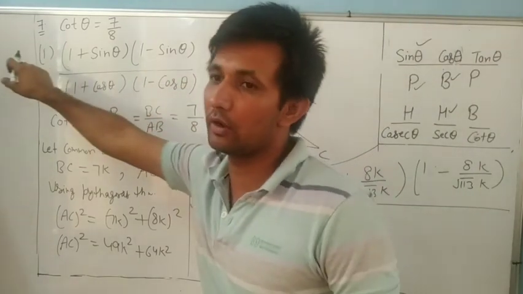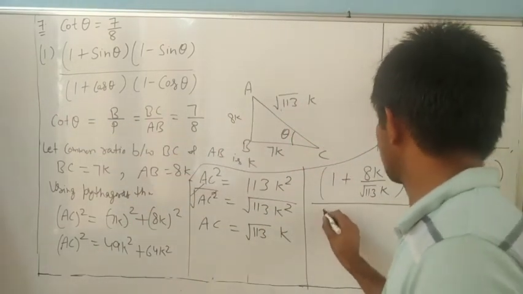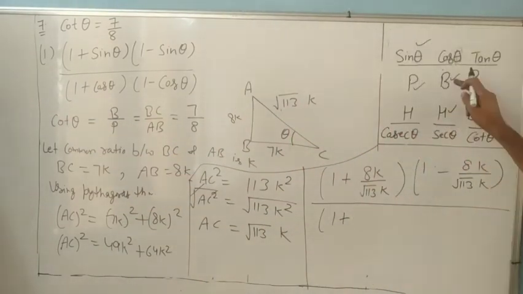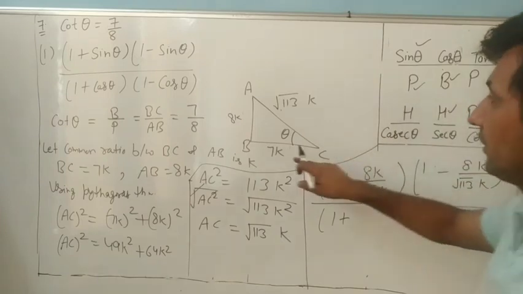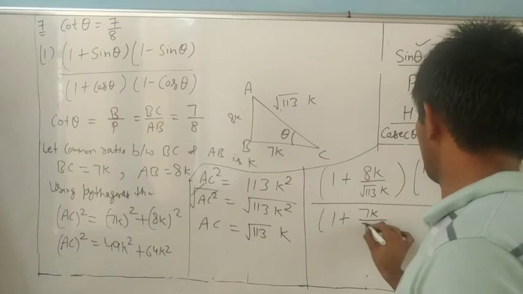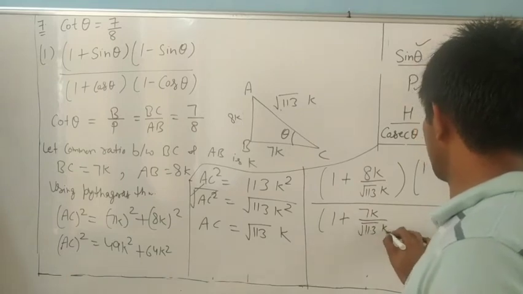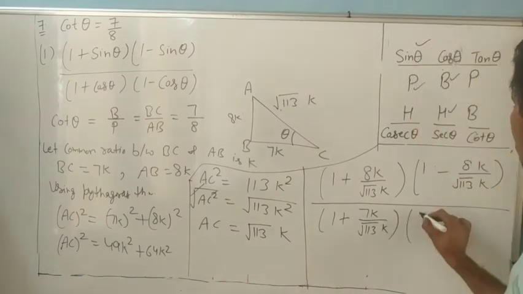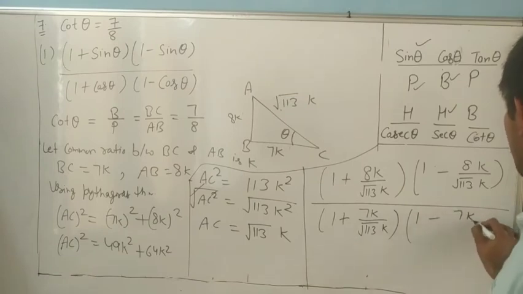Divide this. Okay, look at 1 plus cos, base by hypotenuse. Base is 7K divided by root 113K. Look at 1 minus 7K divided by root 113K.